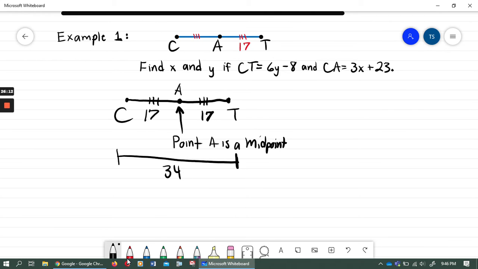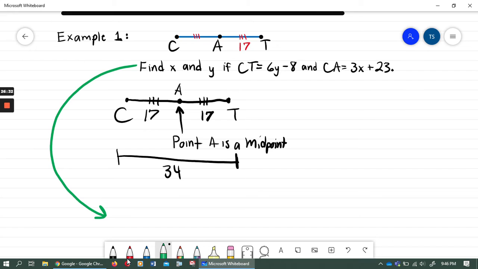In order for us to find x and y, we've got to use those variable expressions that we were given. So let's do that.